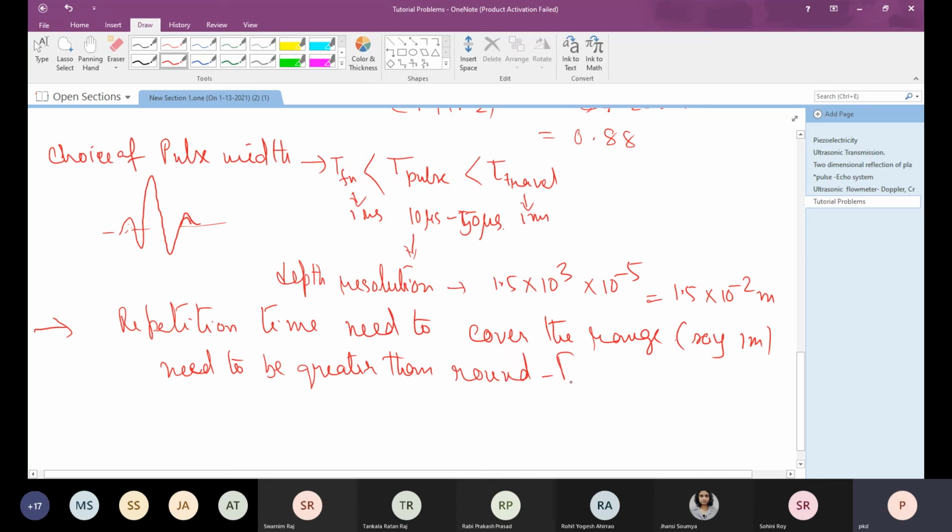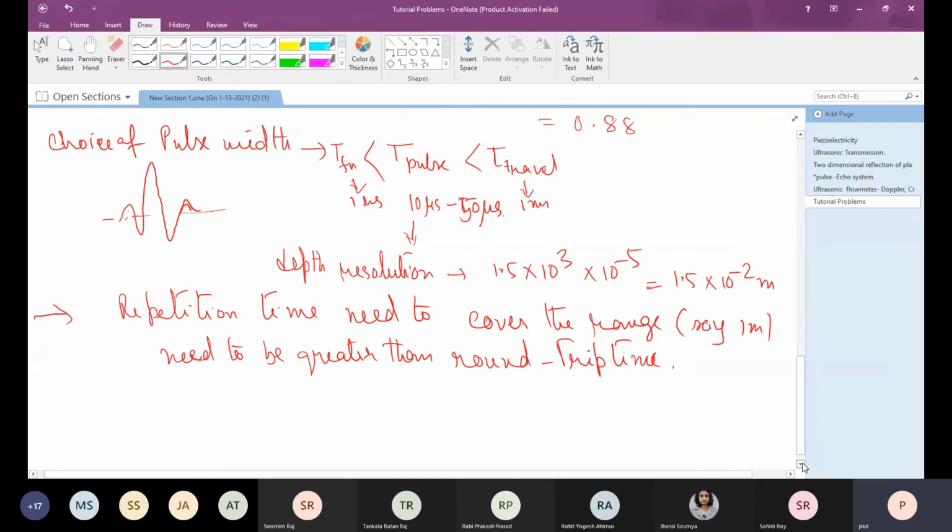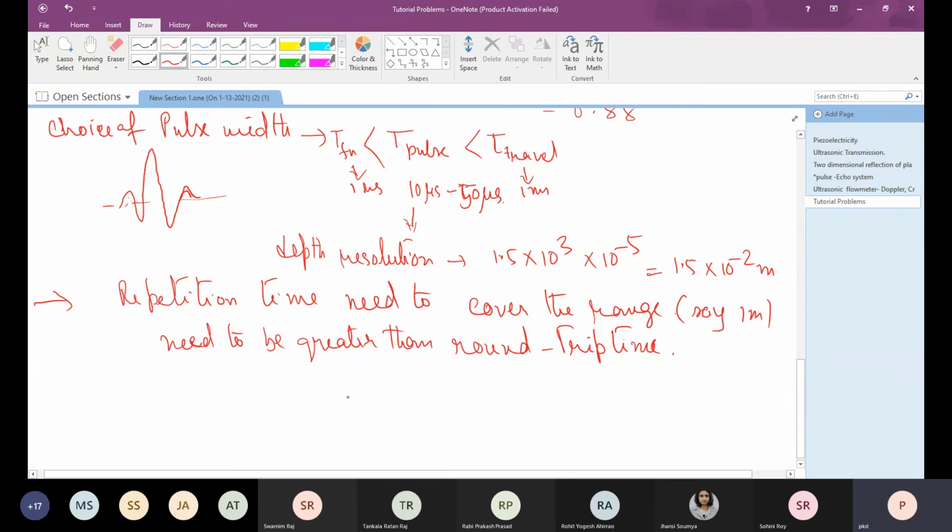The repetition time needs to be greater than the round trip time. So it needs to be chosen something greater than 1 millisecond, here it is 1 millisecond.